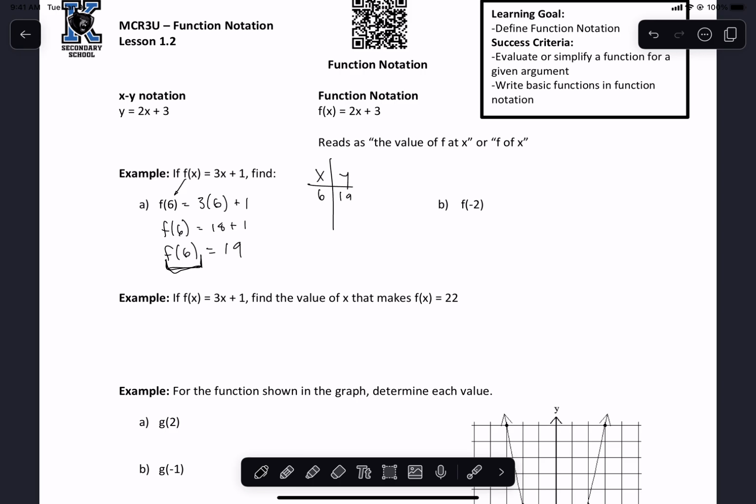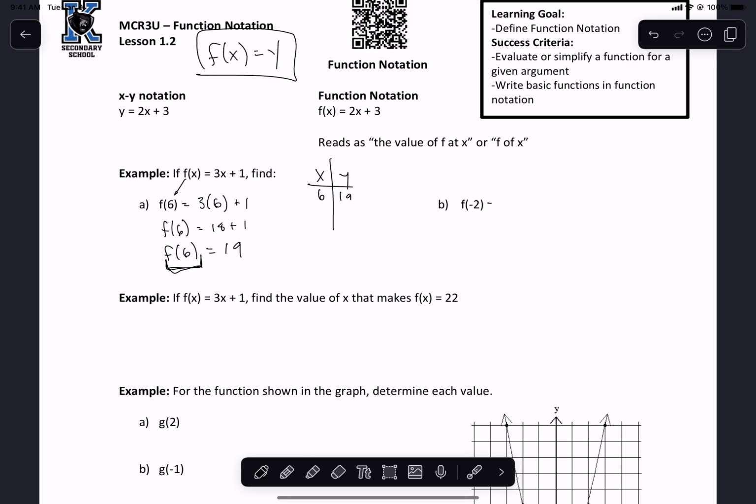The whole piece, f of x, is just physically replacing y in your equation. It's nice because you could do a whole bunch of these substitutions and not have an ugly table of values sitting there. You have these nice results, like f at 6 is 19.